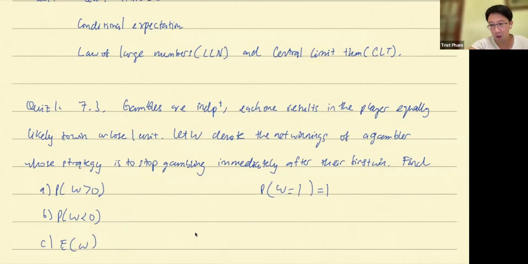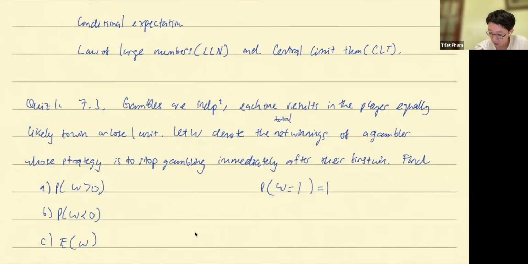Well, the answer is no. It's not correct. Why? Because W is not the winning at that point. When you first win, W is the net winnings, or rather the total gain or loss, whatever you want. Basically, it's the whole trajectory, the whole sequence of win and loss until the first win.